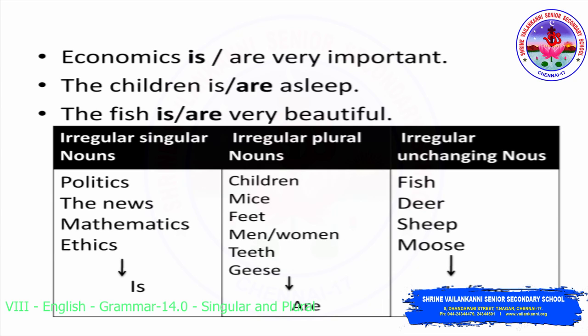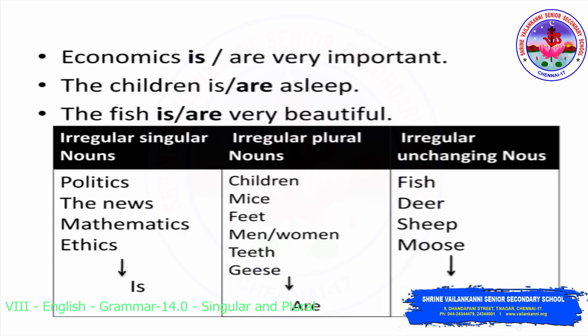And then last we have a category which will be even more confusing. But luckily there are not too many examples in this category: irregular unchanging nouns. What does that mean? That means that whether you have one fish or two fish, you still say fish. Okay. If I say the fish are looking beautiful, or the fish is looking beautiful, or that fish is looking beautiful, I cannot use fishes, but I can say fish.